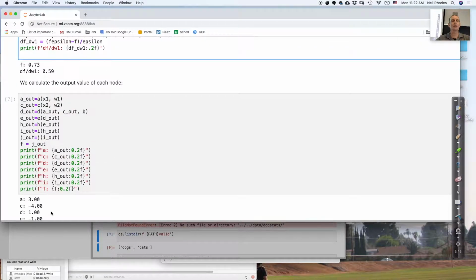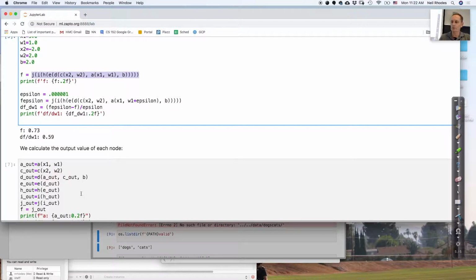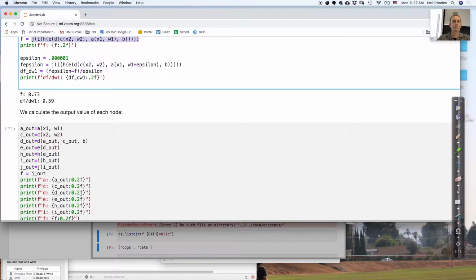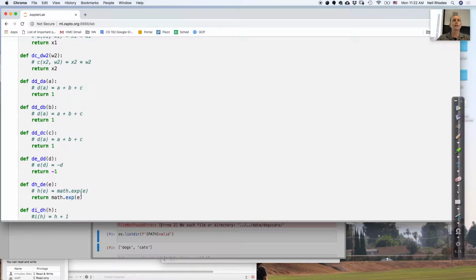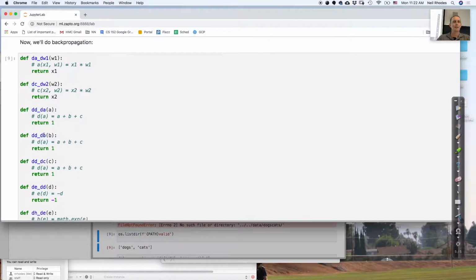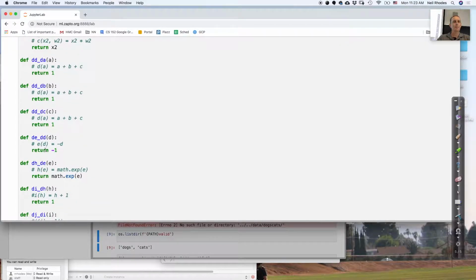So for the backpropagation, what we'll do is we're going to define for every function its derivative. So dA dw1 is x1. Let's see.